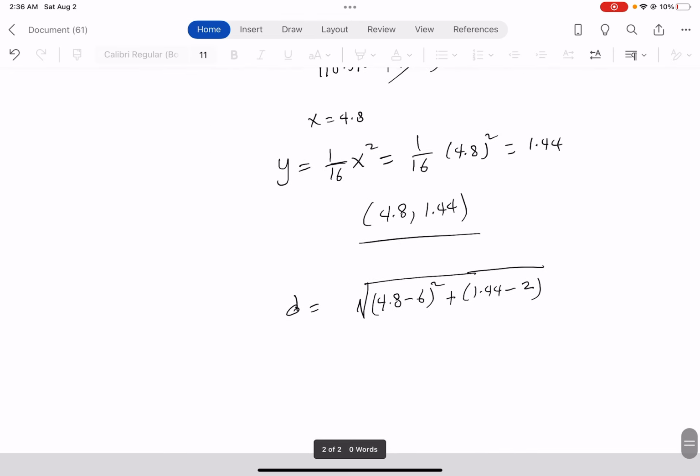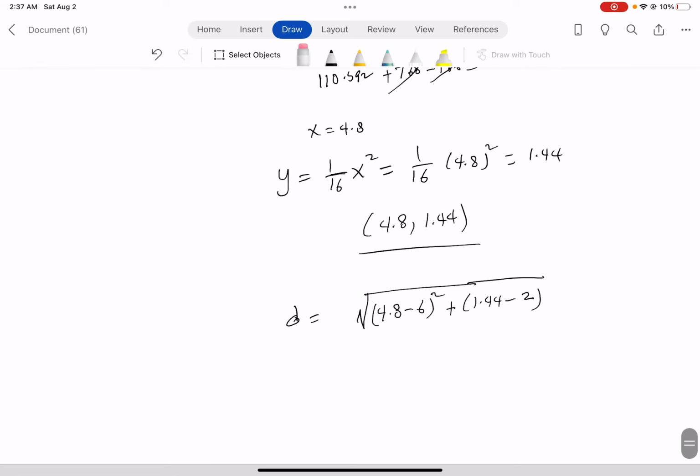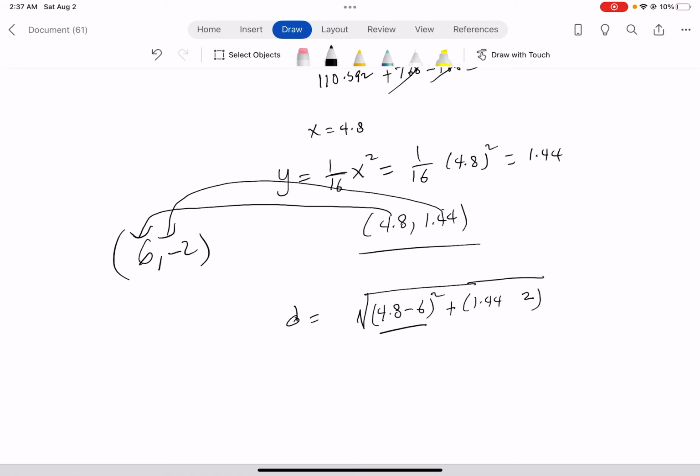The variable is 6 minus 2. So we should do it like that. It is this one minus whatever value, 4.8 minus 6. That's true. 1.44 minus 2, and minus minus, so this is going to be plus squared.